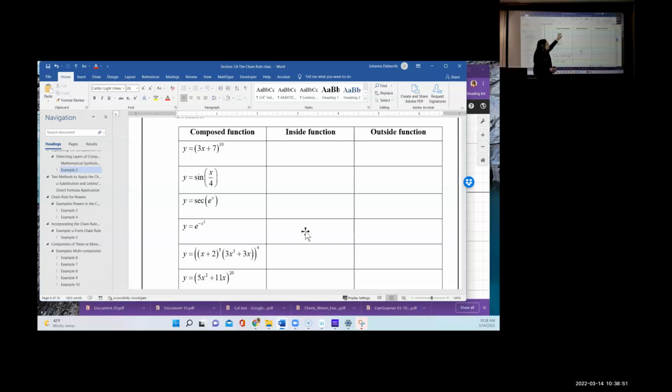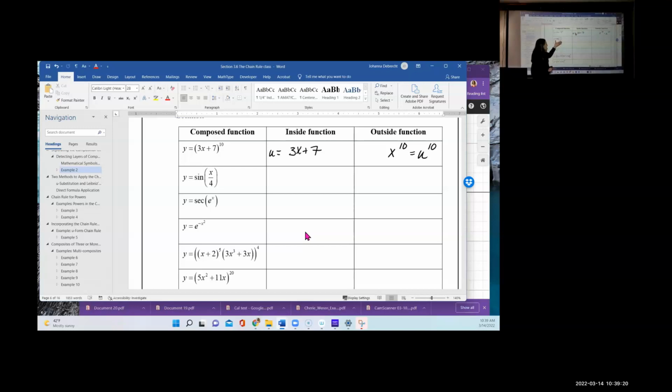So the inside function is what's inside the parentheses, and this is going to be the 3x + 7. And the outside function is x to the 10th. Or some people like to write it with a u. They might write u to the 10th, right? And then they would let u be the inside function, 3x + 7. Okay?